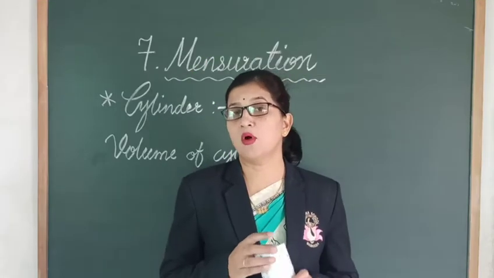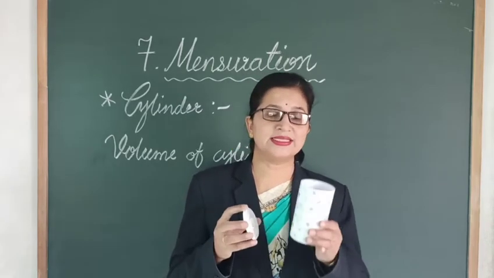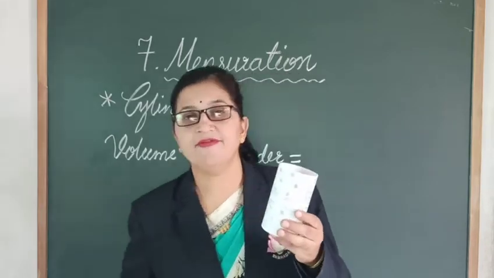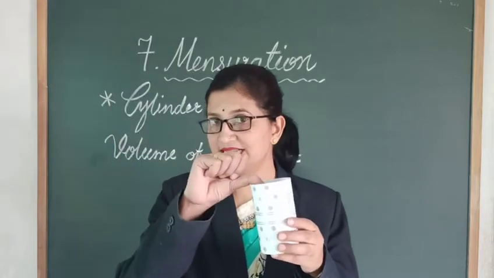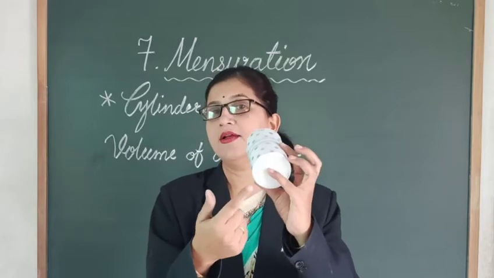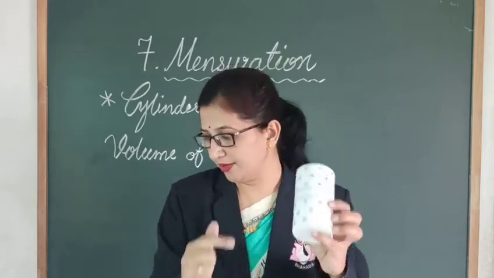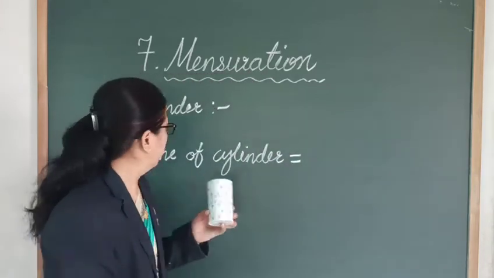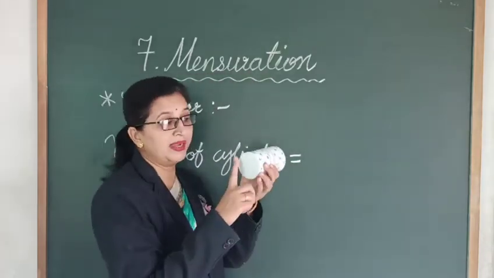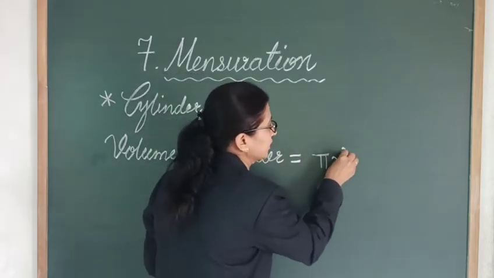Now let's learn the volume of a cylinder. To get the volume of this cylinder, if we pour water in it, first it will occupy the base area, which is circular. So the volume of the cylinder depends upon the base area, that is pi r square.